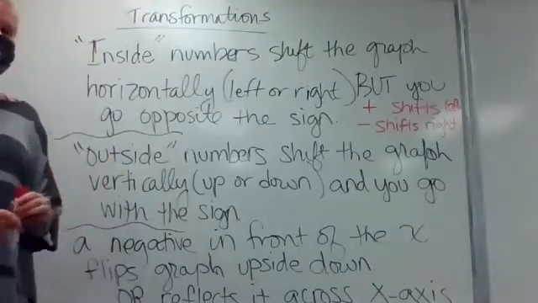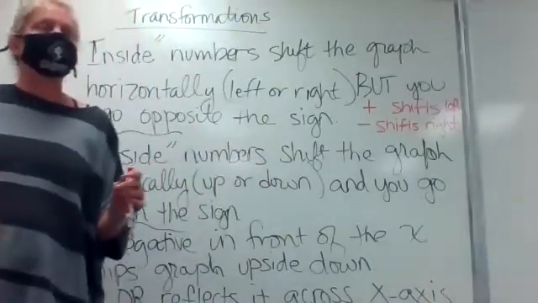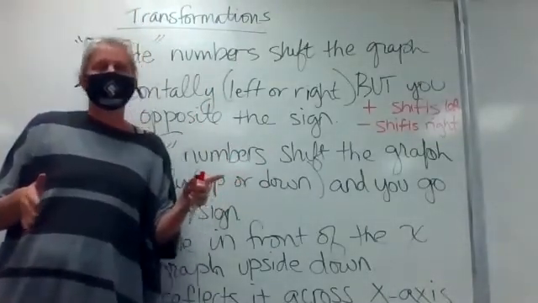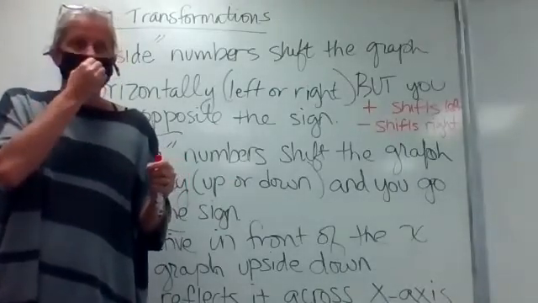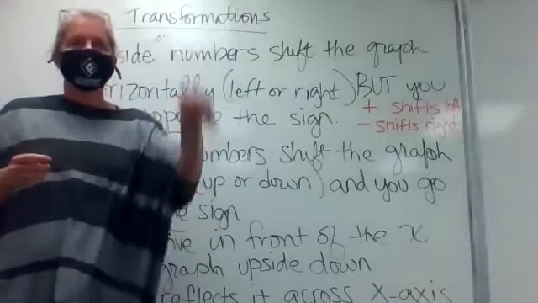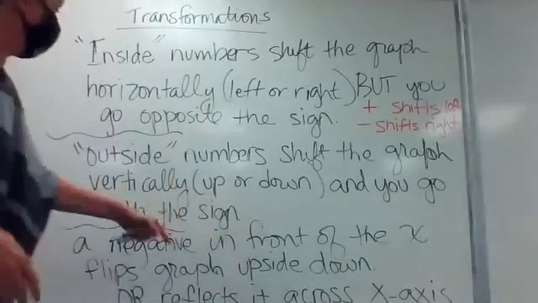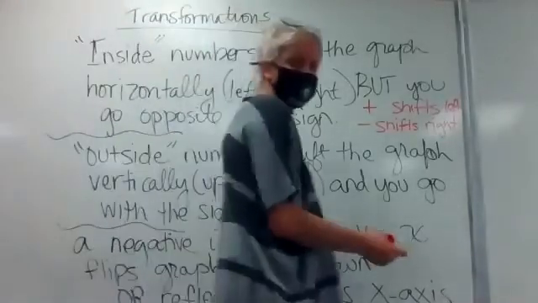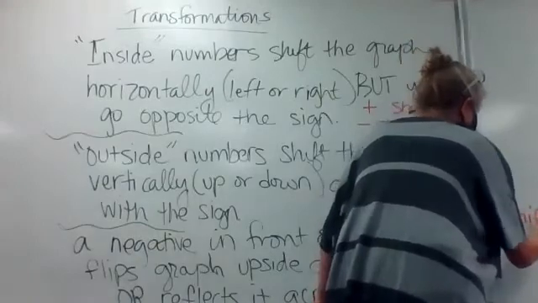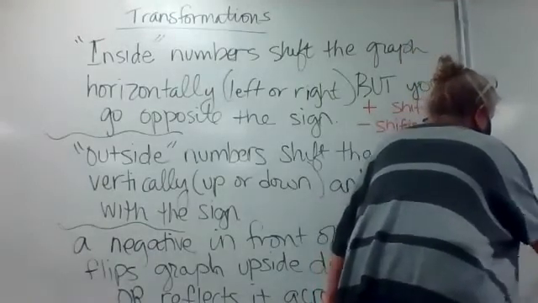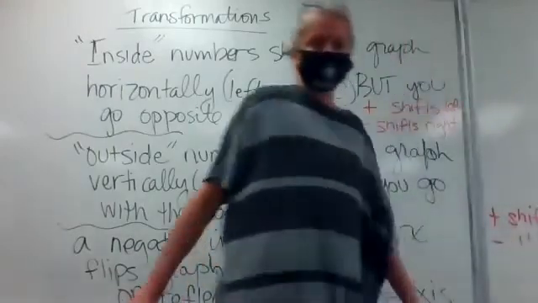Your outside numbers are just not inside anything. They're not inside parentheses or absolute value bars or radical symbols. They're outside. Those are going to shift you up and down, and you go with how the sign is telling you to go. A plus is going to shift you up, and a minus shifts down.